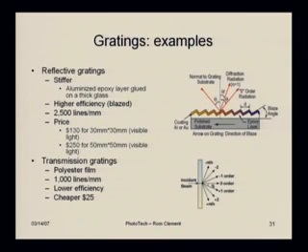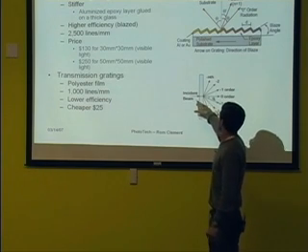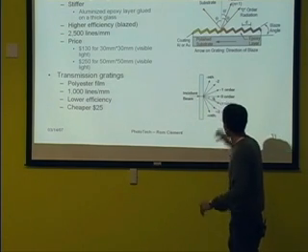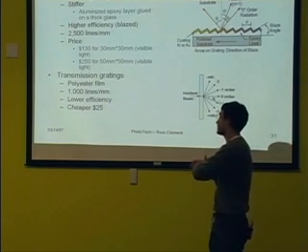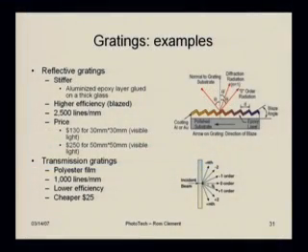So the way it works is, in the case of transmission gratings, the light comes from one side and goes through the grating, and the light is diffracted according to certain orders. I will explain later what an order is. And in the case of reflective gratings, it's the same thing, but with reflection.